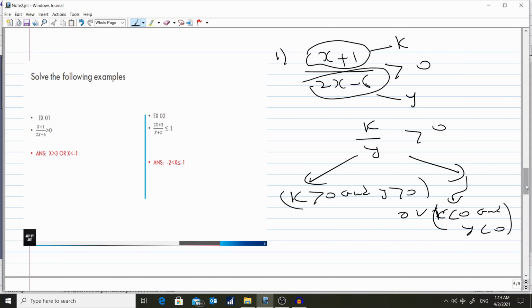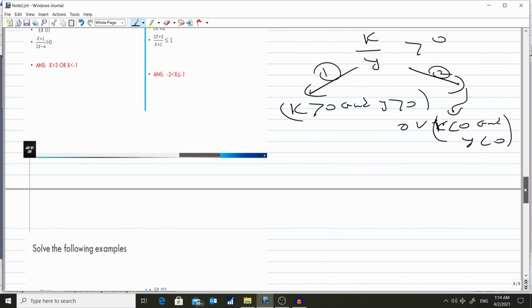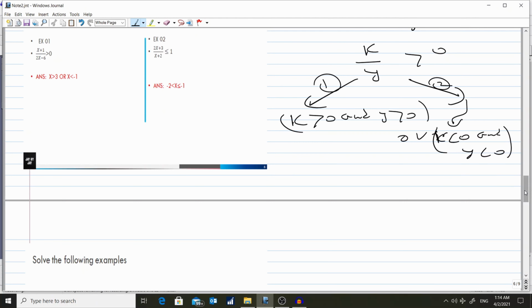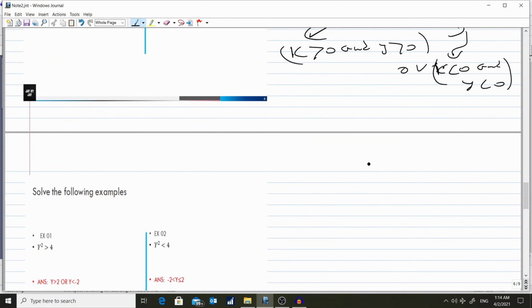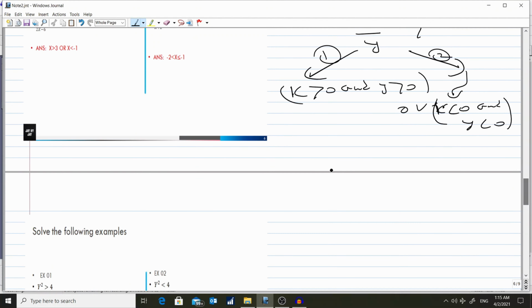Or k less than 0 and y less than 0 also. This is case number 1, and this is case number 2. We need to look at both cases to find the answer for this example. k is x plus 1.